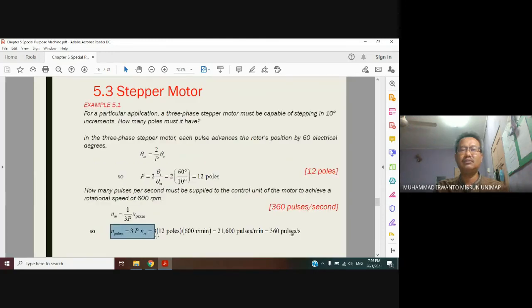So 3 multiply the number of poles, 12, multiply the rotation speed, 600 revolutions per minute, we obtain 21,600 pulses per minute. One minute is 60 seconds, so we obtain 360 pulses per second.